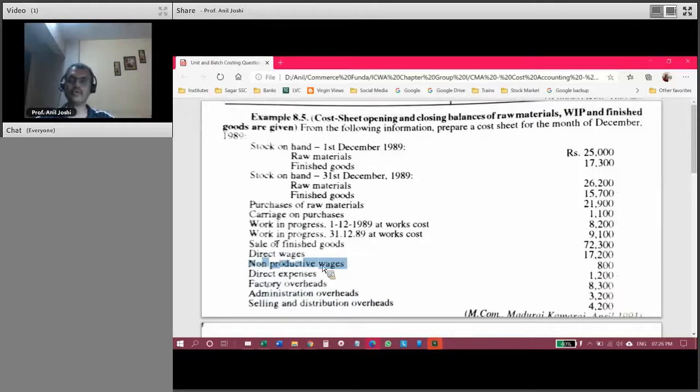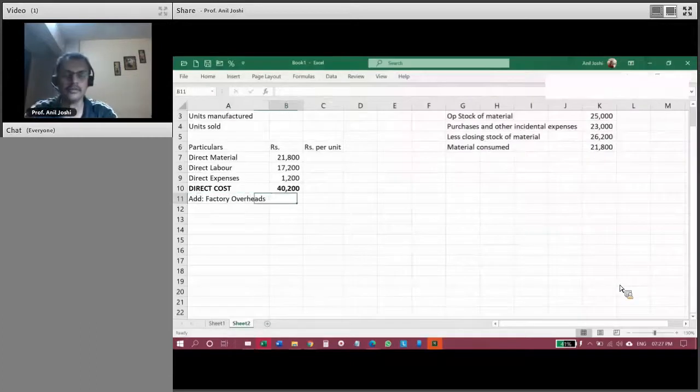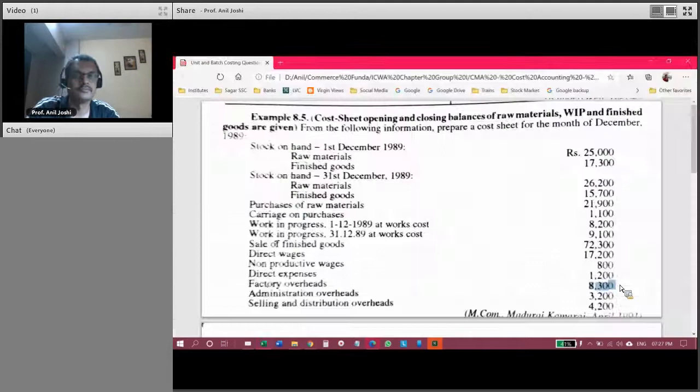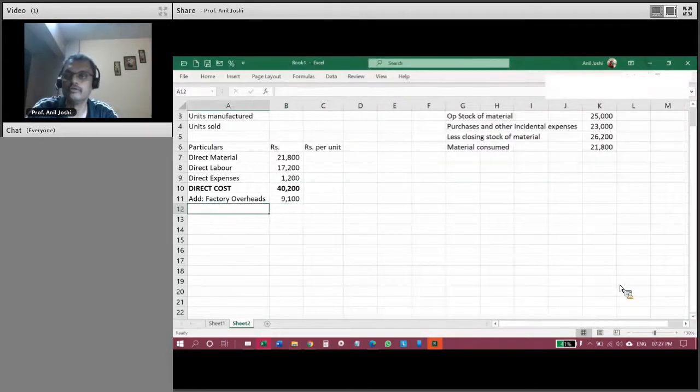They are not calling it a salary. So non-productive wages 800 will be part of your indirect labor cost in the factory. Even indirect labor cost in the factory is factory overheads. So 800 plus 8,300.